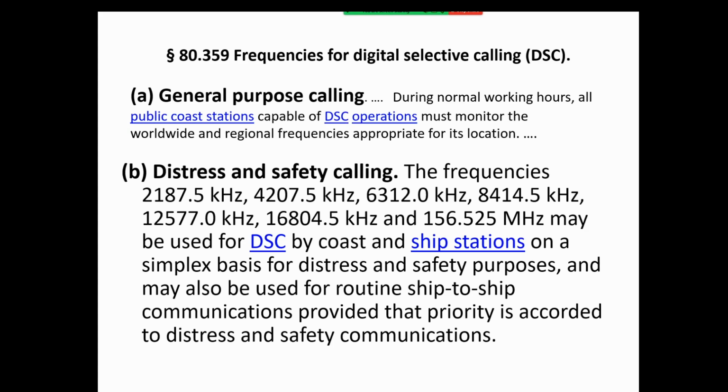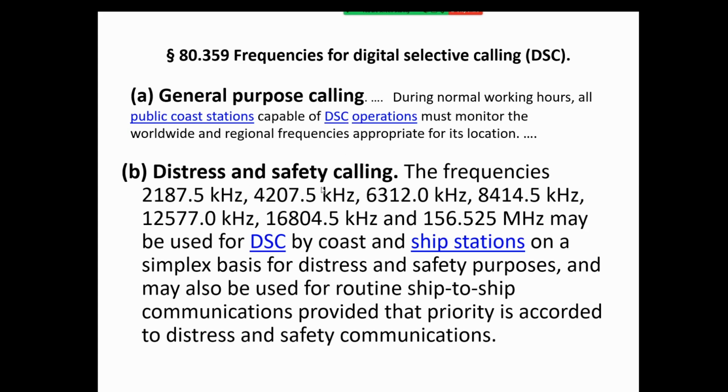So it's basically telling a public coast station they must listen in on the frequencies, plural. So basically, it's charging them with monitoring all the frequencies appropriate for its location. If something only applies on the other side of the continent, then no.